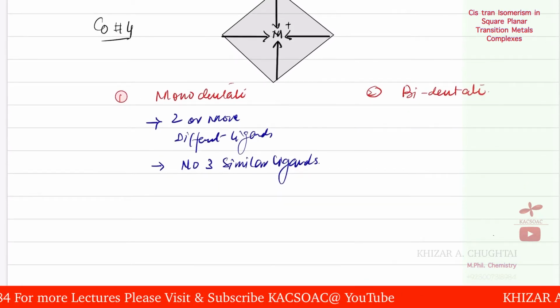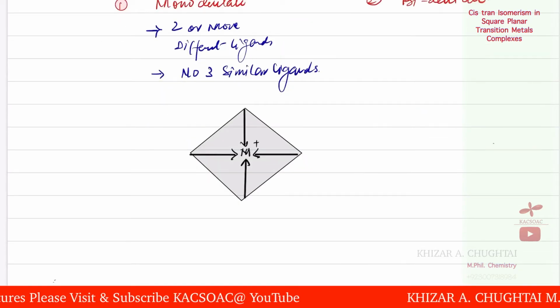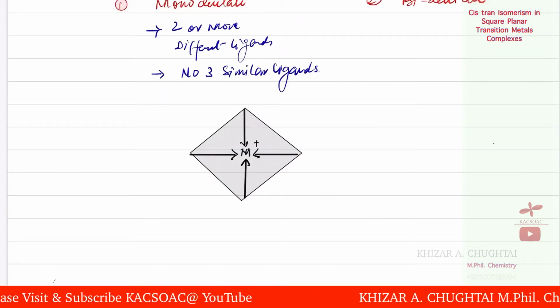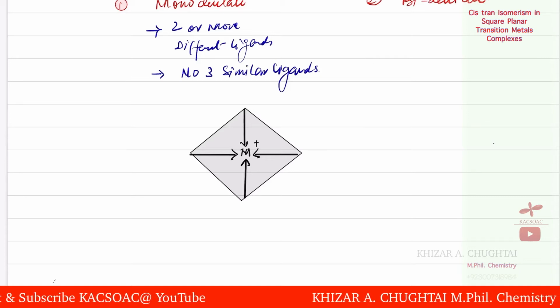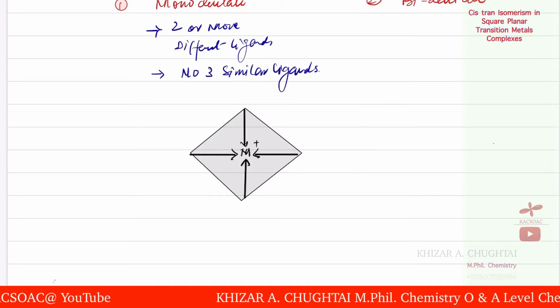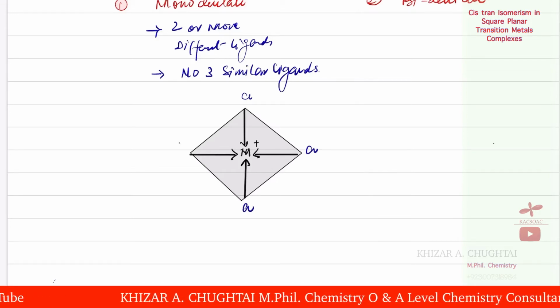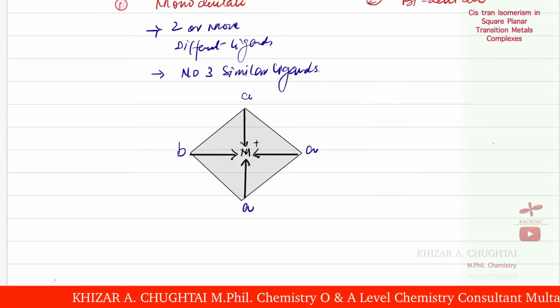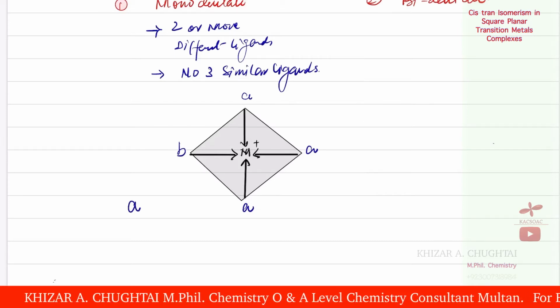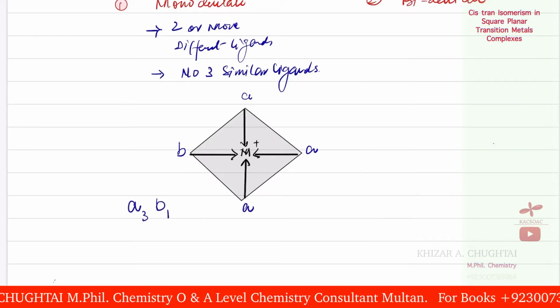For example, the first case, there must be 2 or more different types of ligands. But if I have A and B, there are 2 types of ligands, A type and B type. A are 3, B is 1.